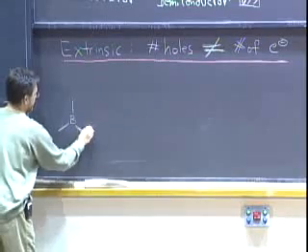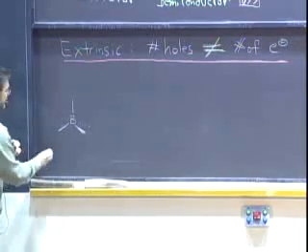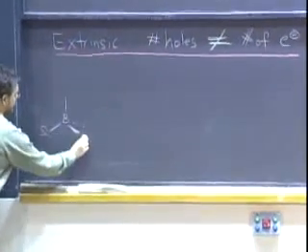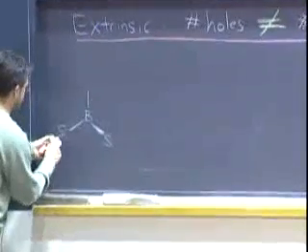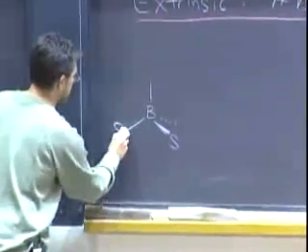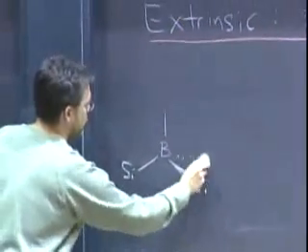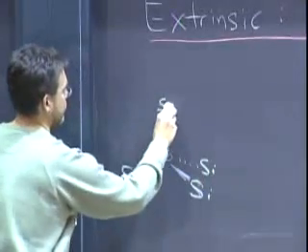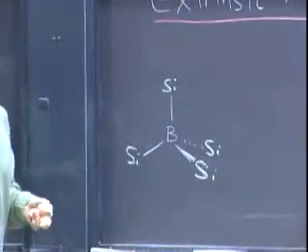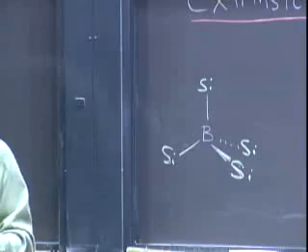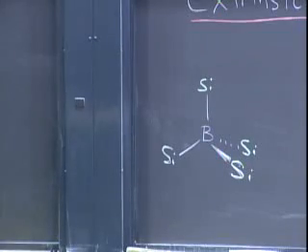So we're looking at a very small part of the silicon structure. Let me put the silicons in here in color. Okay. Each silicon is coordinated to 4 other silicons in elemental silicon.